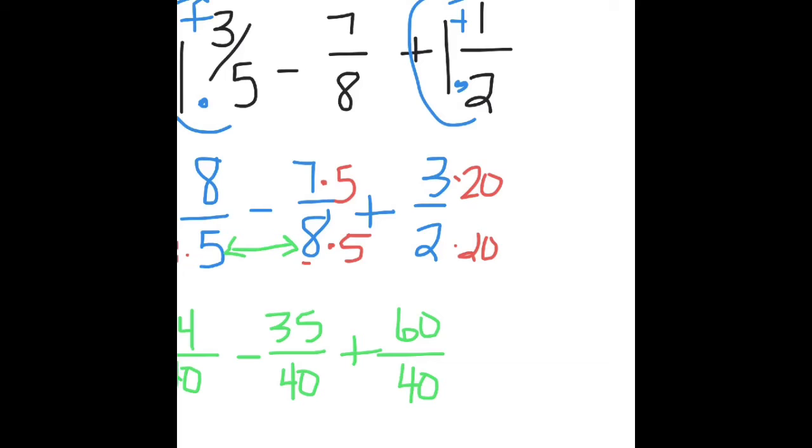So we do addition and subtraction in the order that it appears. So I'm going to focus on this first. 64 minus 35 is 19. So I have 19/40 plus 60/40.